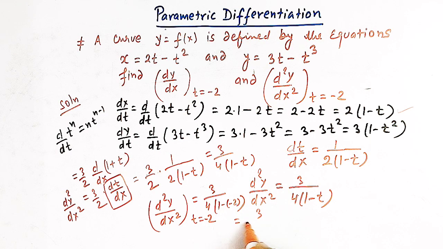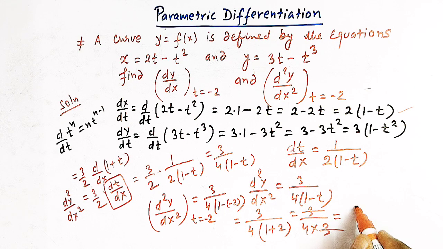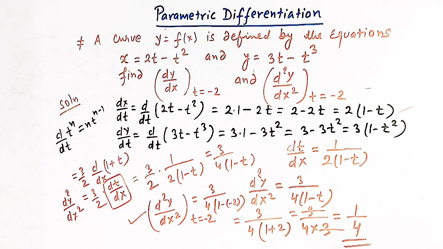So this is 3 over 4, and here we have 1 plus 2, minus minus plus. So 3 over 4 times (1 plus 2) is 3 over 4 times 3. So 3 and 3 get cancelled, so we are left with 1 over 4. So the second derivative at t is equal to minus 2 is equal to 1 over 4.